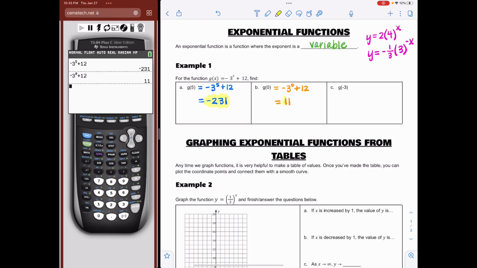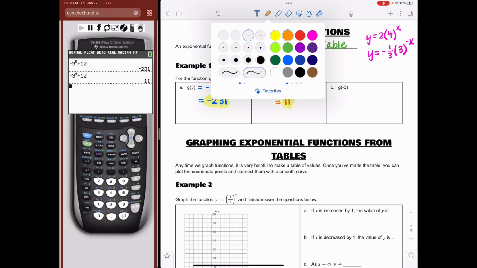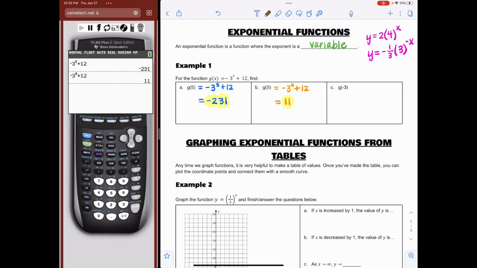All right. The next question we have, it says we want to find g of negative 3. So that means that I'm going to have that this is equal to negative 3 to the power of negative 3 plus 12. So if I have negative 3 to the power of negative 3 plus 12, we end up getting 11.96.